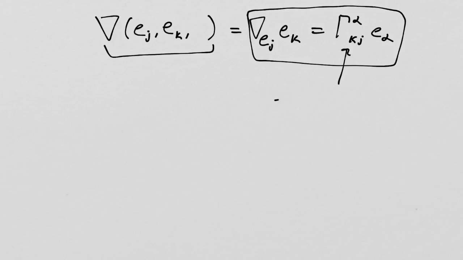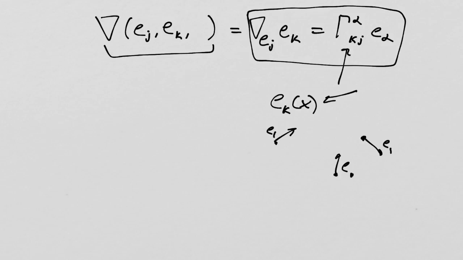Remember, that's a vector field. Every point in space-time has an E1 here, and an E1 here, and an E1 here. That can be expressed as a vector field, putting that E1 vector at every point in space-time.